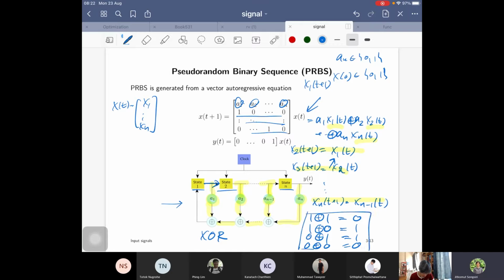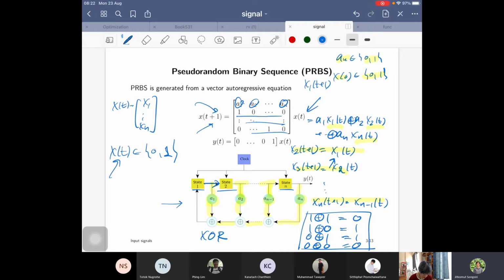Can you all see that if we use modulo 2 operation and the coefficients are binary, starting with binary, everything will be a binary sequence? So if we progress using this equation, all of your state values are going to be either 0 or 1.